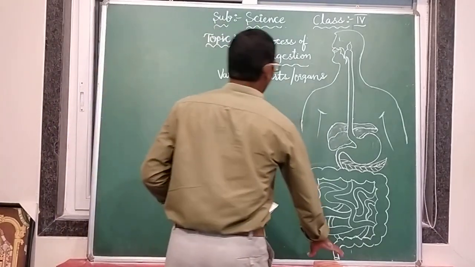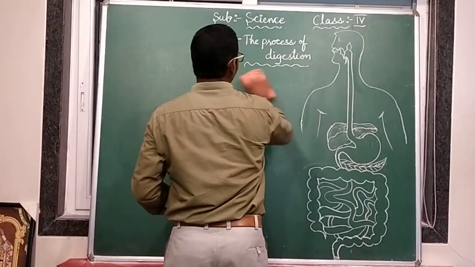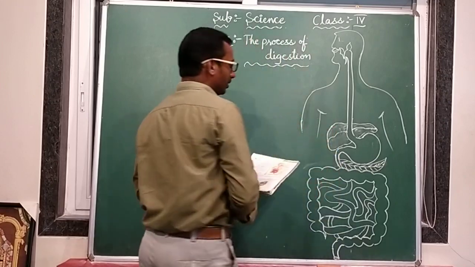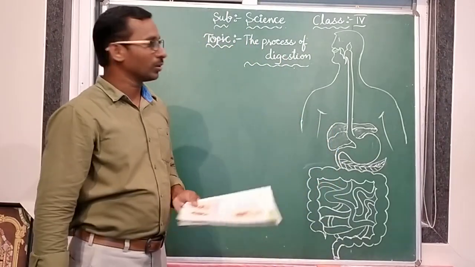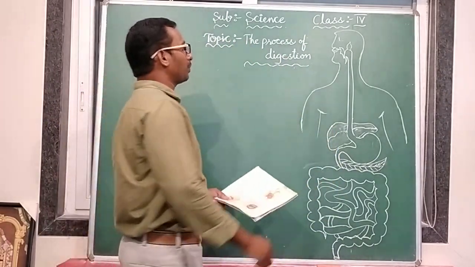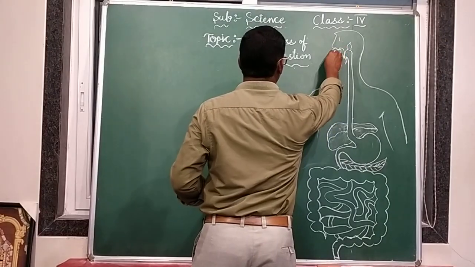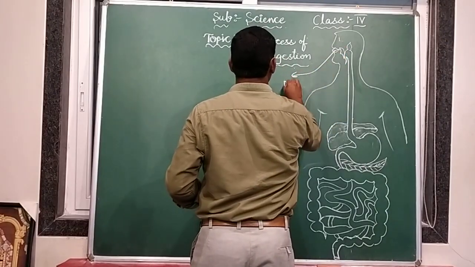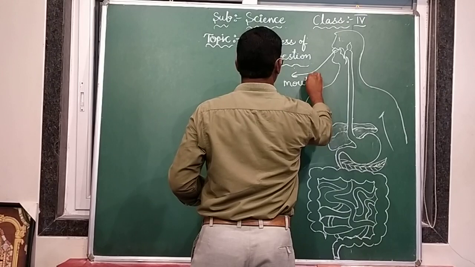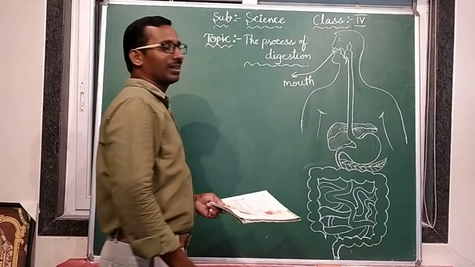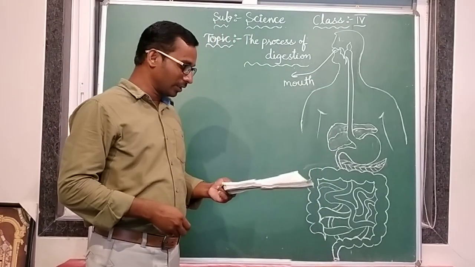Okay. So here we have a digestive system diagram. In this, the first organ is there. The first part is the mouth. What is this? Mouth. Clear? First one.